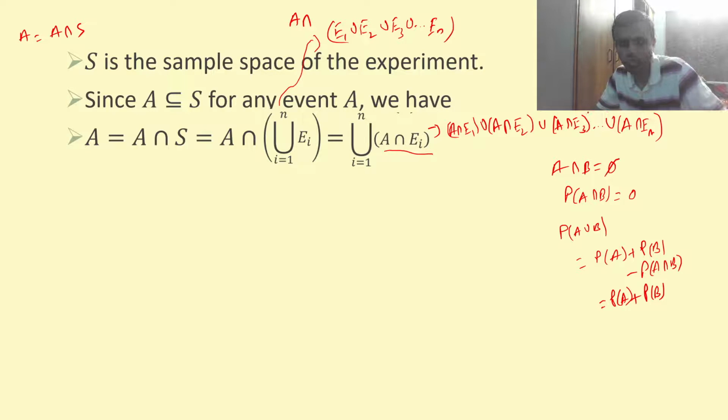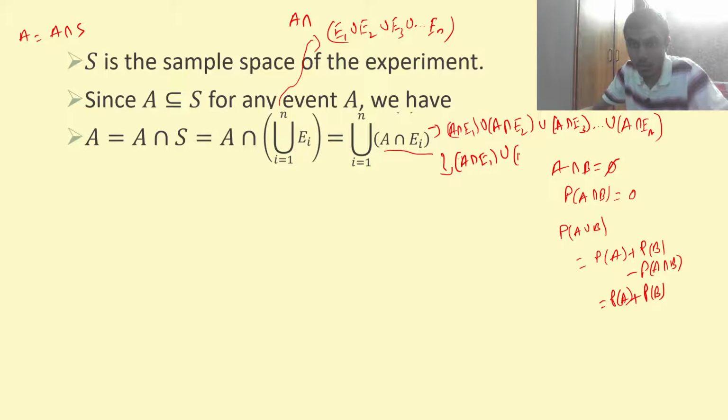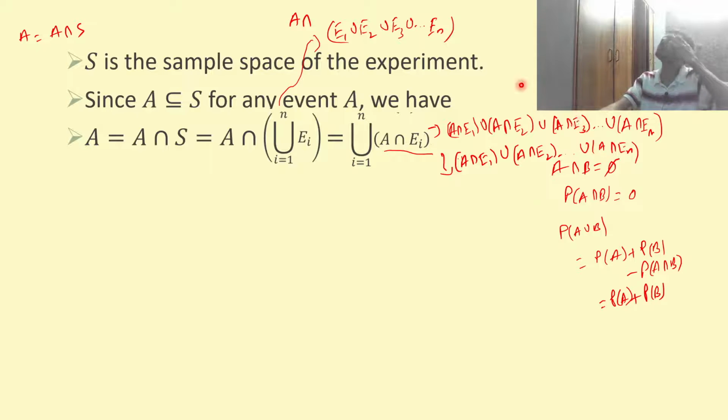Maybe my video is coming a little in the way. I'll try to write it here again. See, this is nothing but A intersection E1 union A intersection E2 and so on, union A intersection En. I know you might be thinking, what is this? So much of understanding. Yes, so much of understanding is there.